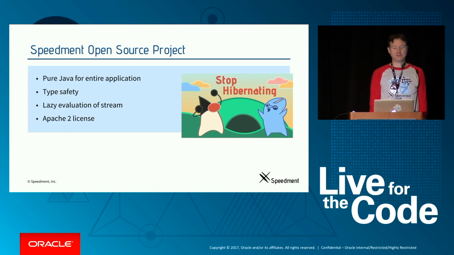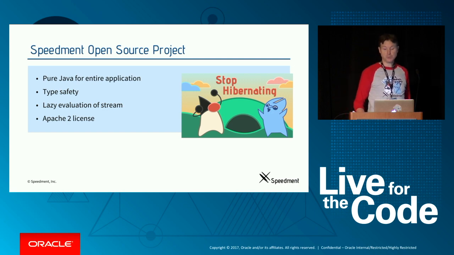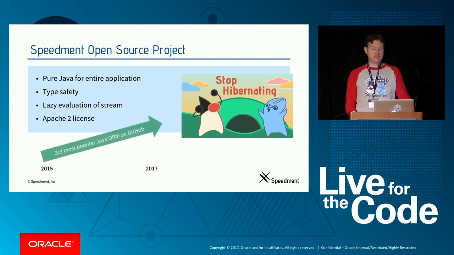And the streams are lazy, meaning that you only retrieve the elements you need in a stream, not all of them. And everything is licensed under Apache 2, so you can create your own variants of Speedment, use it in your products, or change it and do whatever you like with it. And we became, in 2017, the third most popular ORM on GitHub.